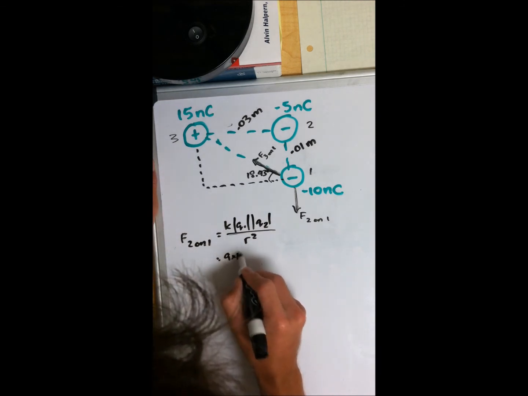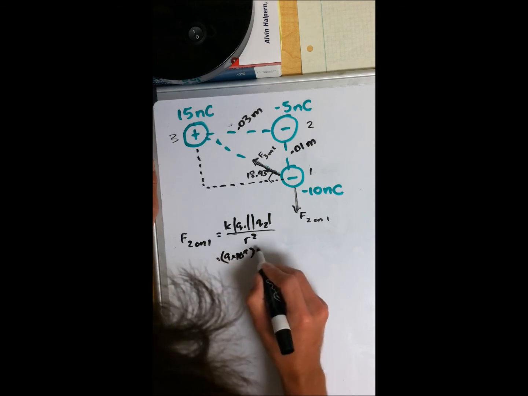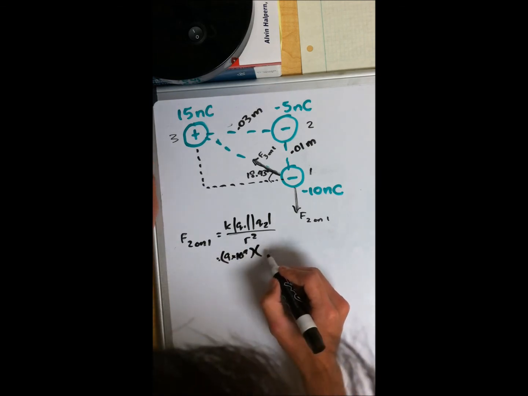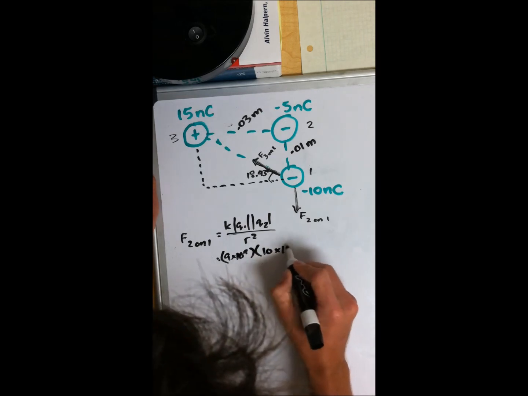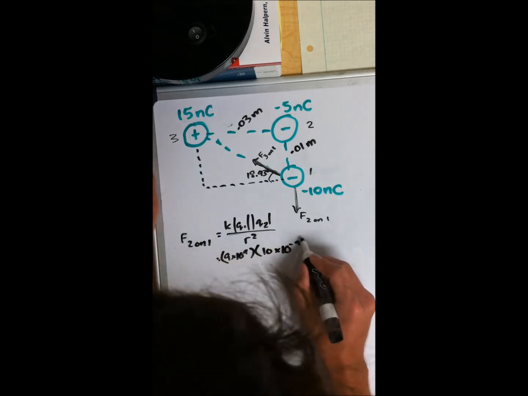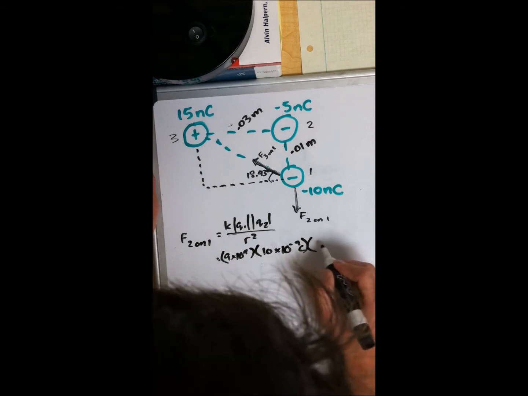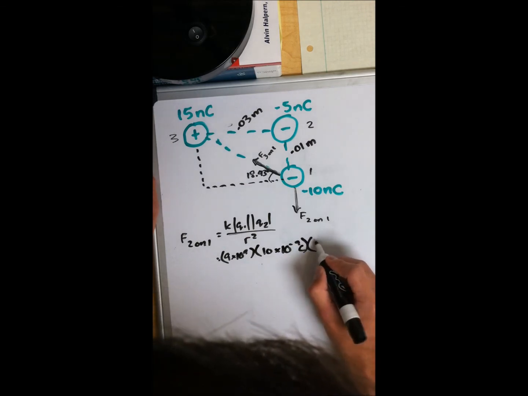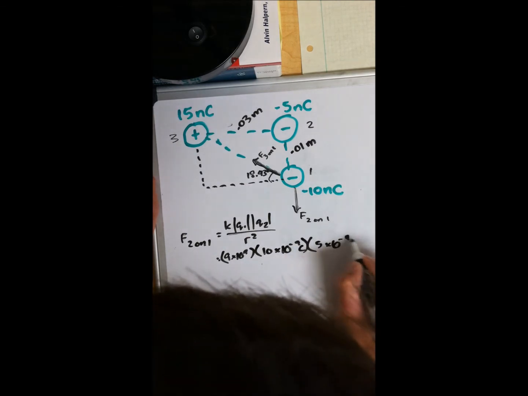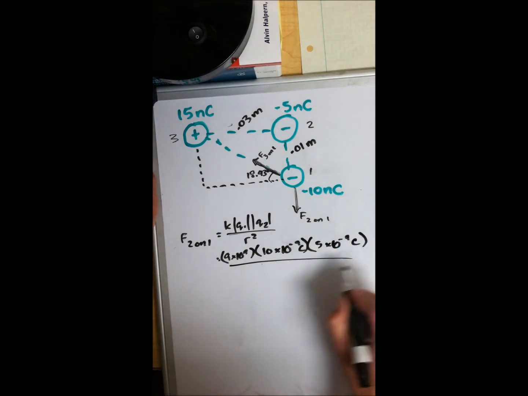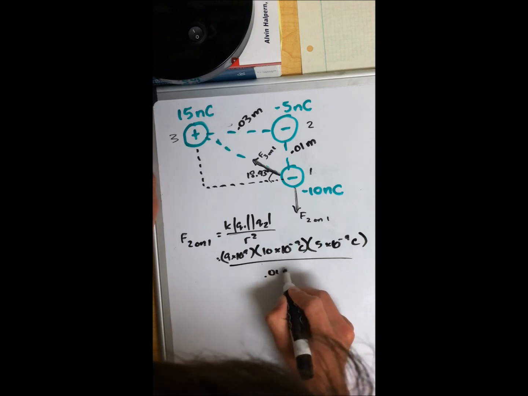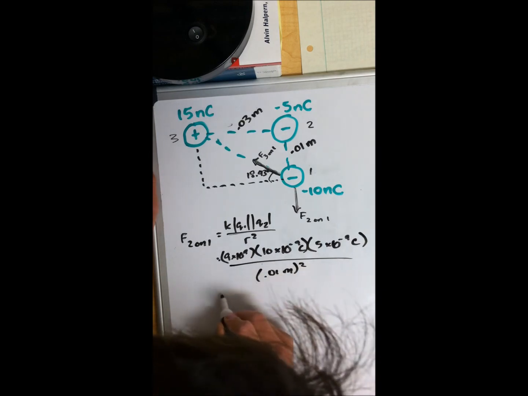So 9 times 10 to the 9, we're going to have Q1 be 10 times 10 to the negative 9, absolute value. We drop the negative in front, and that'll be coulombs. And Q2 is going to be 5 times 10 to the negative 9, again coulombs, and we drop the negative. And that'll all be over a radius of 0.01 meters squared.